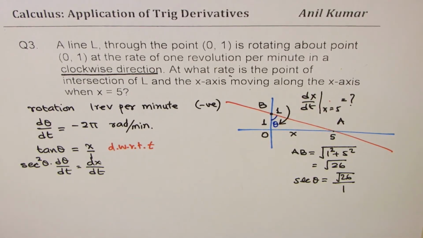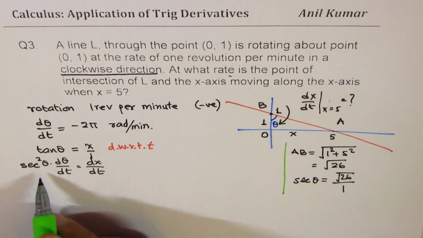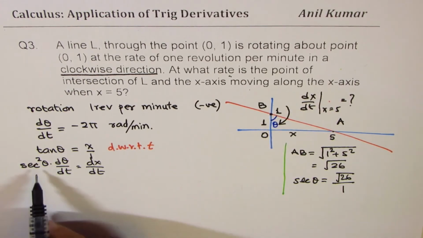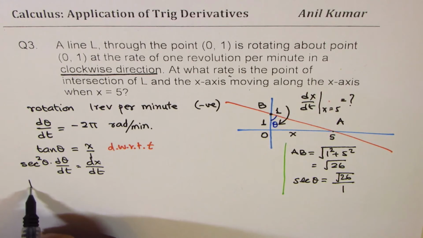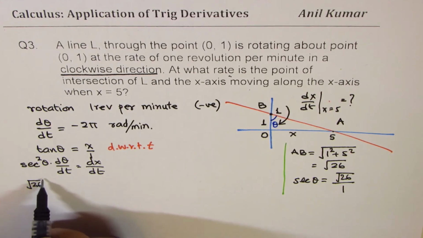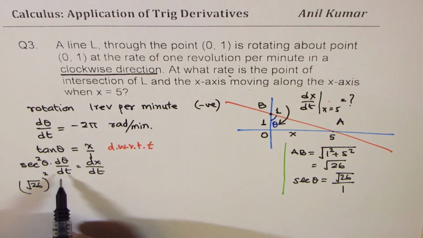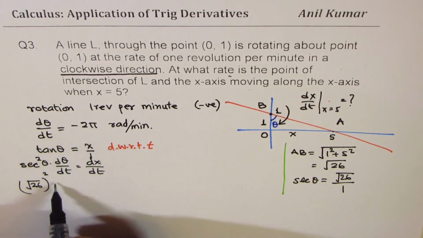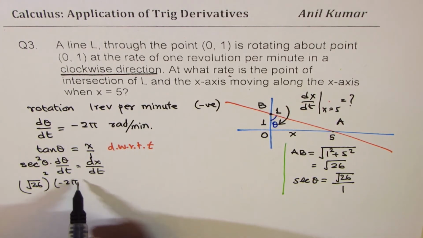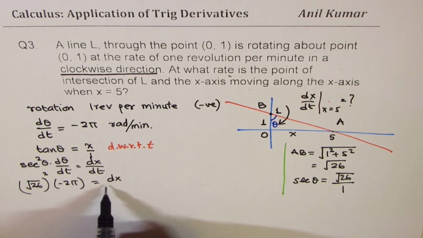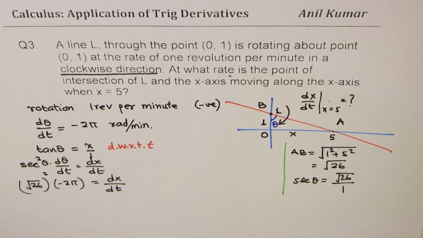We substitute this here. So we get square root of 26 whole square times d theta dt, which is minus 2 pi, equals dx dt.